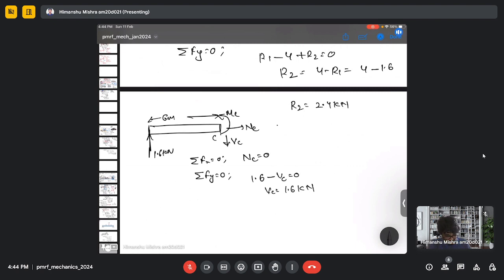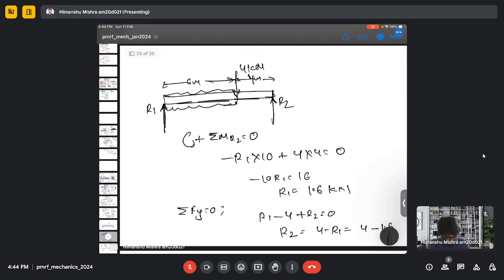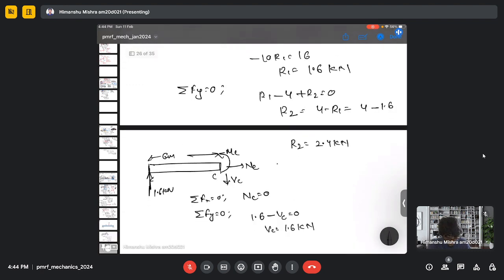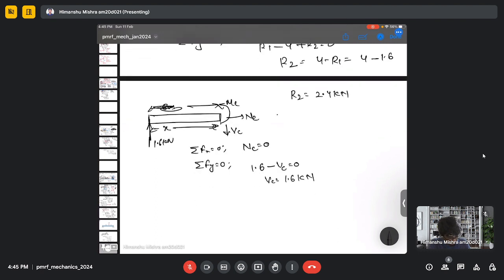Or let's say this is some arbitrary part which is cut. So this distance is x, not 6. So if I do the moment balance at the end point, left part, we have 1.6x plus M at the left equal to 0.